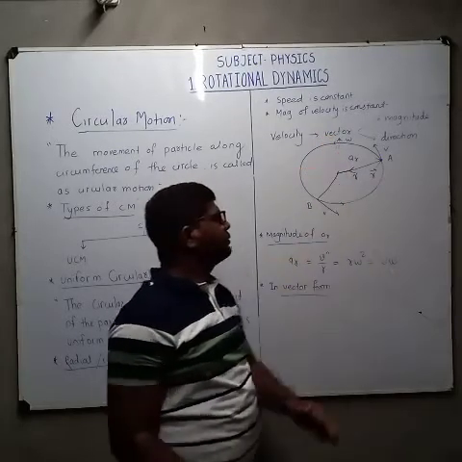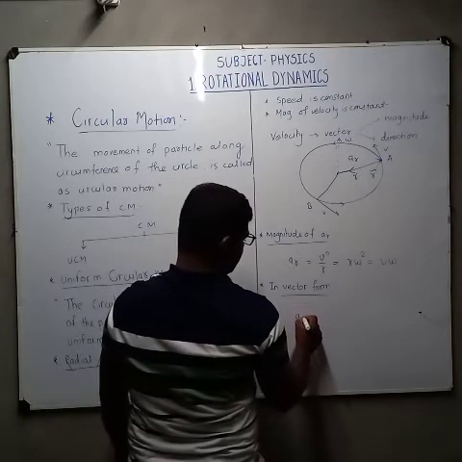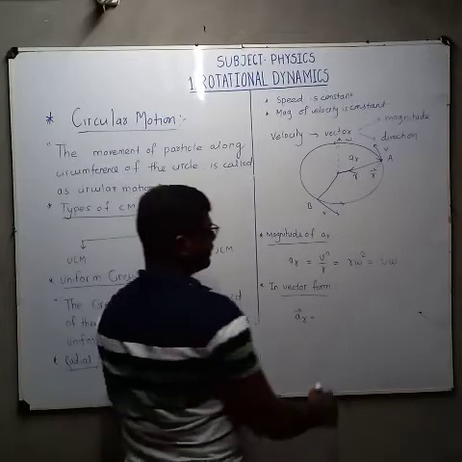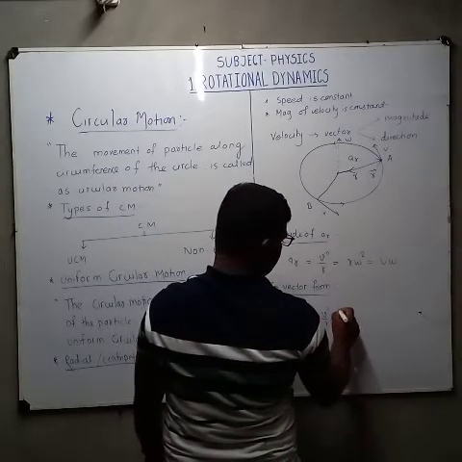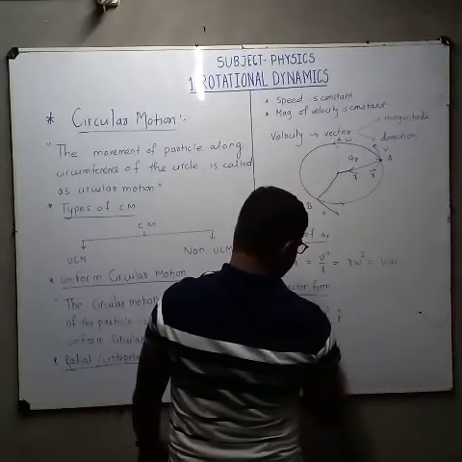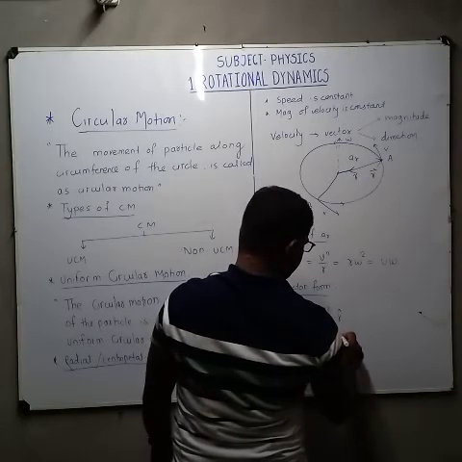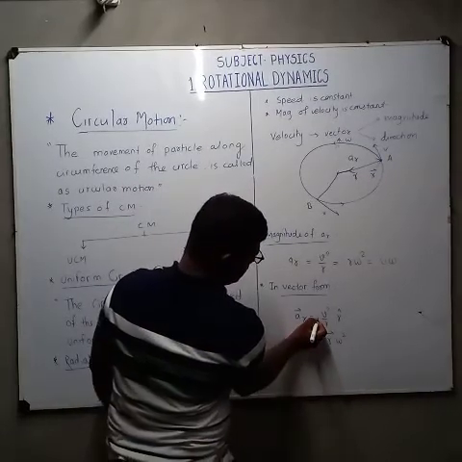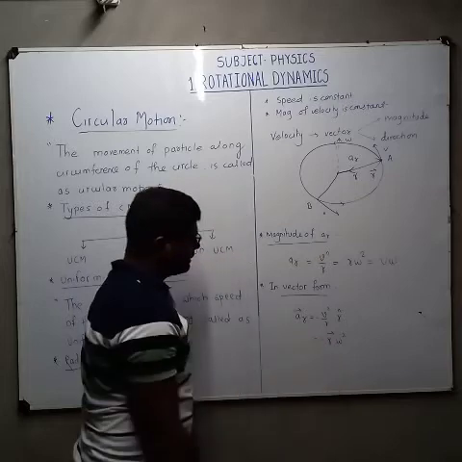So we can write radial acceleration in vector form: a bar r is equal to minus v square upon r into r cap, which is equal to minus r bar omega square. In both forms, we write a negative sign.